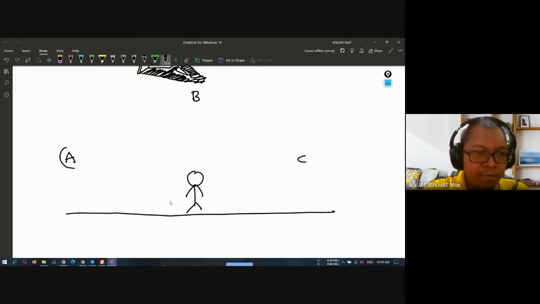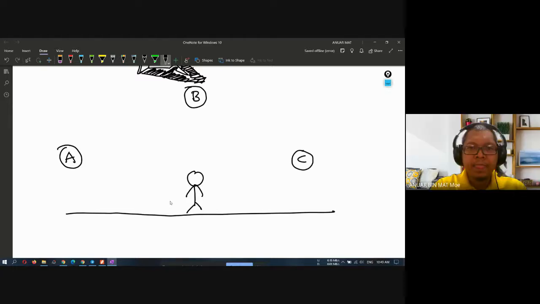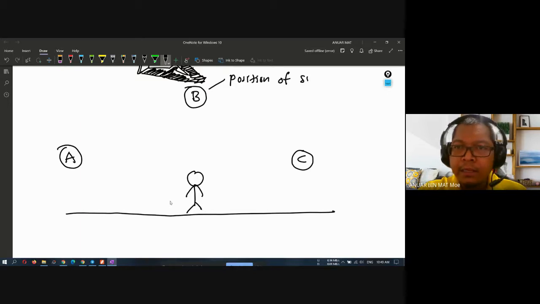B, right. So B is the position of the sun in the afternoon, maybe about 12 to about 1 p.m.